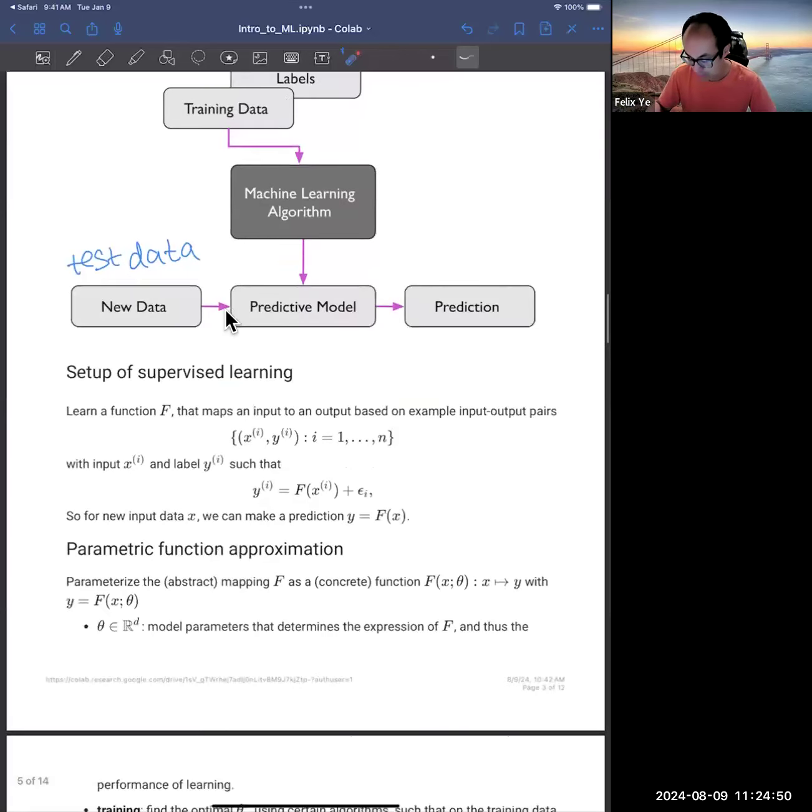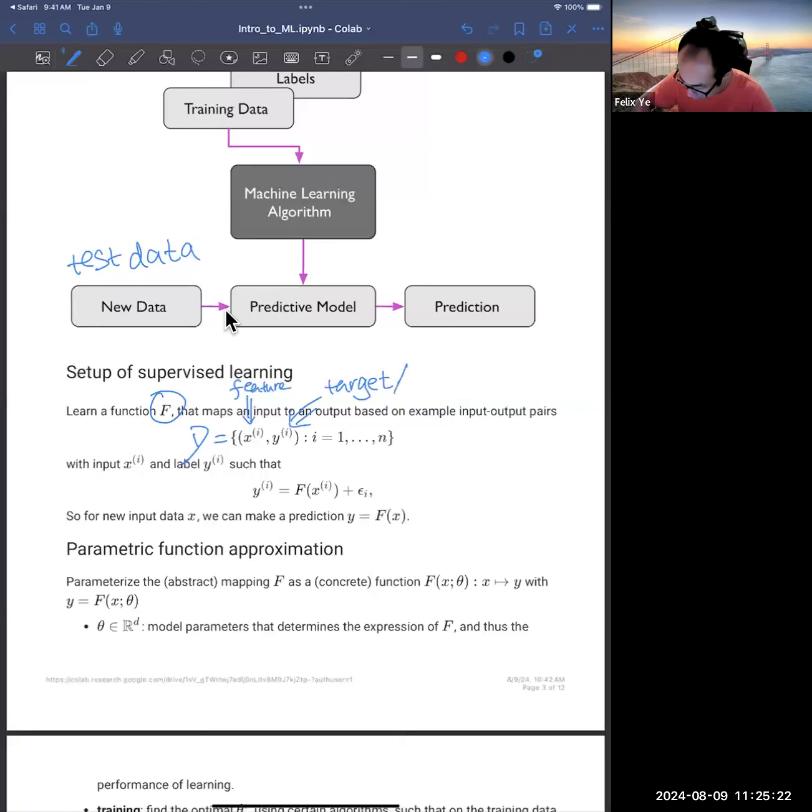The basic setup of supervised learning is that we want to learn a function f. This is my training data D, where I have the feature x_i, which is my input, and the target y_i, which we sometimes call the label.